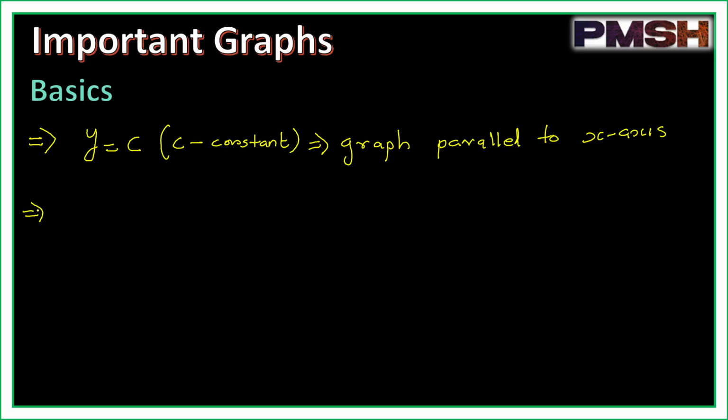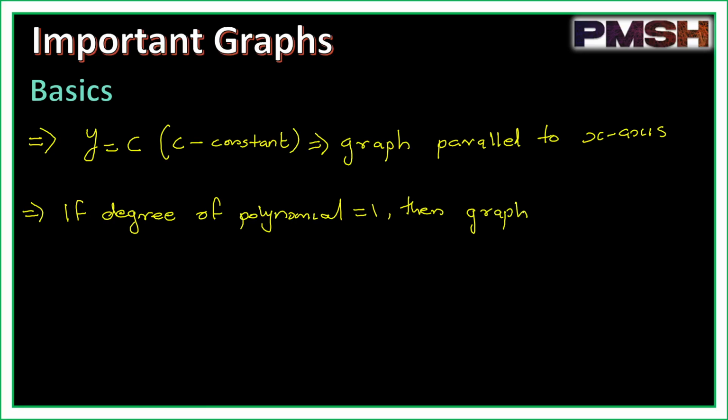And if the degree of that polynomial is equal to 1, then the graph is a straight line having a non-zero slope.